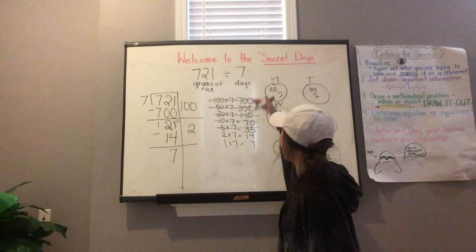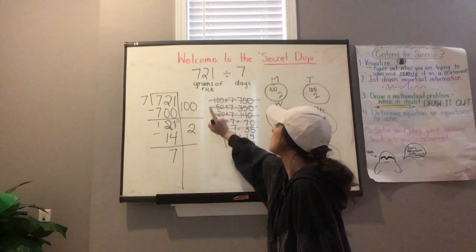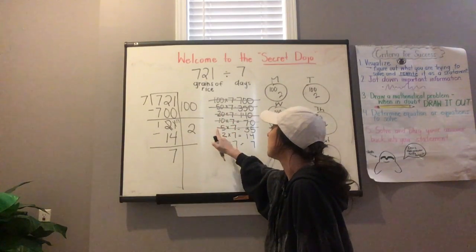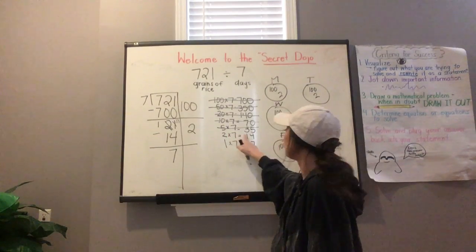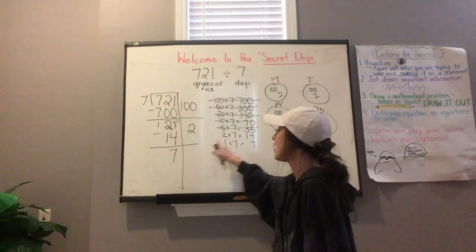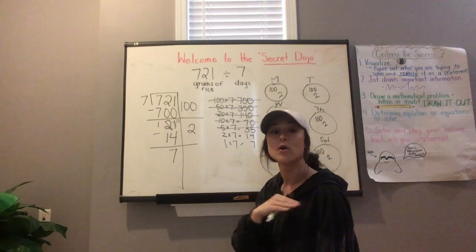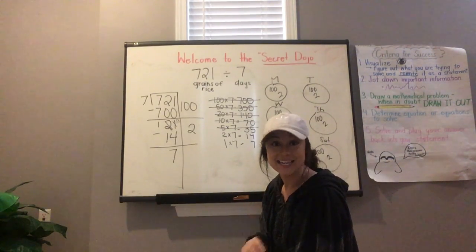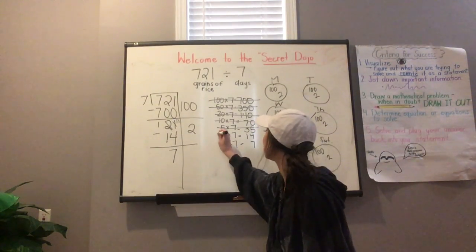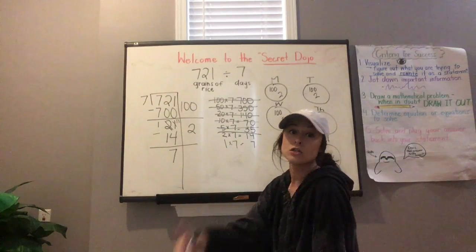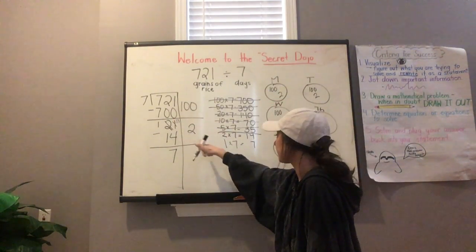Let's see, I always want to start back at the top. Took care of my 100, took care of my 50, 20, 10, 5. We're at my 2. Can I give 14 grains of rice away if I have 7 left over? No, I can't, because 14 is greater than 7. I can't use it, so I'm going to lose it.